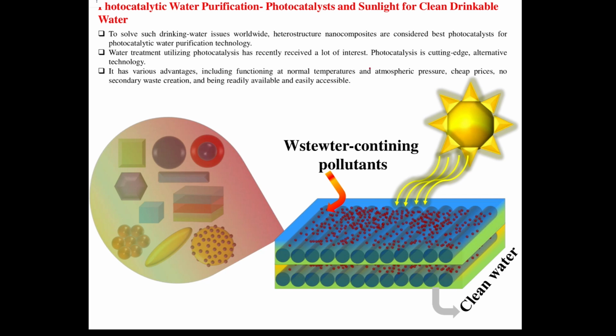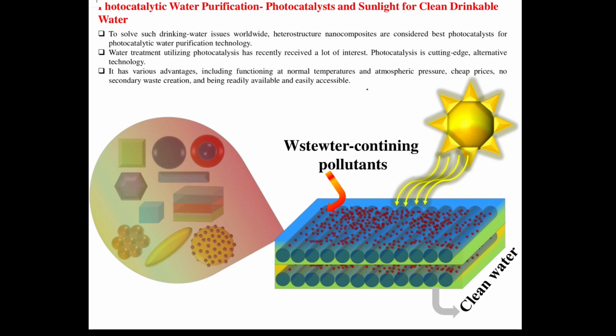Everybody cannot afford these systems. So scientists are trying to develop different types of catalysts every day, which we can use as a filtration source to clean this contaminated water.